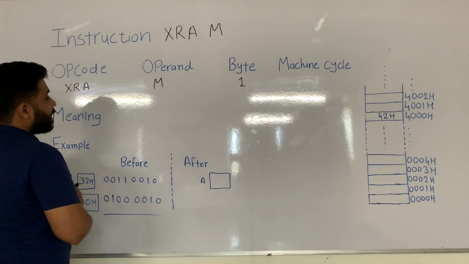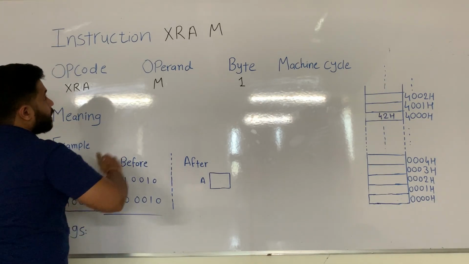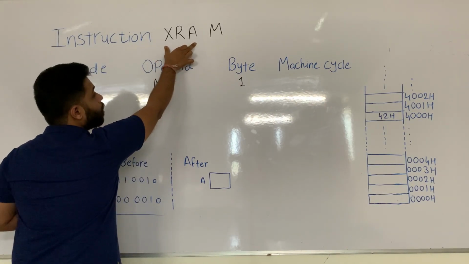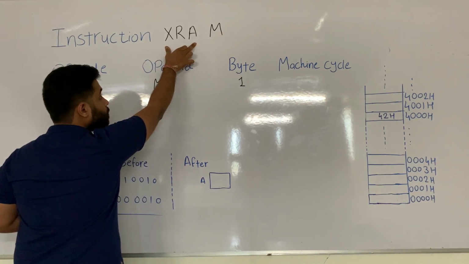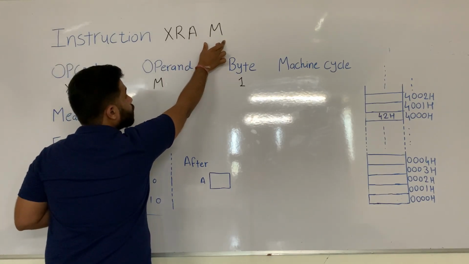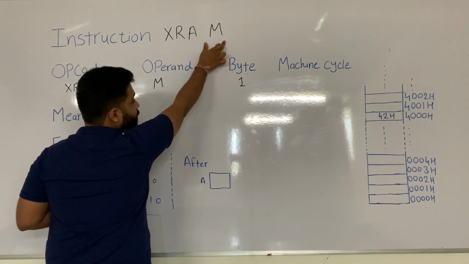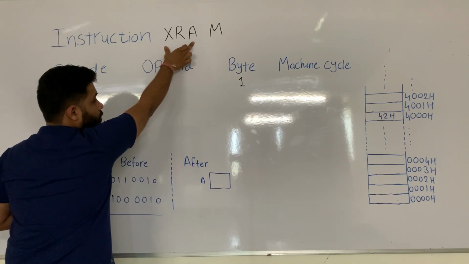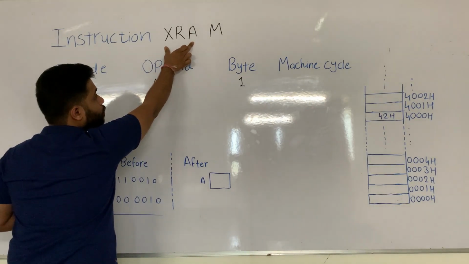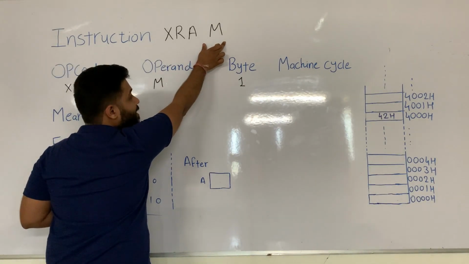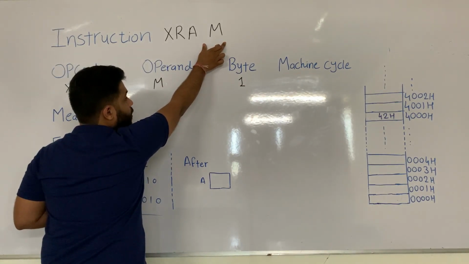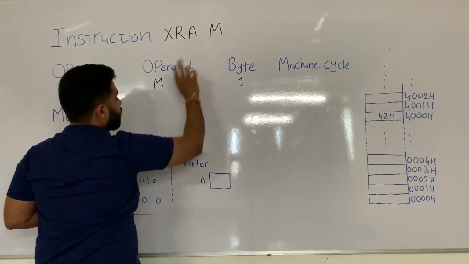What is the meaning of XRA M? XRA M means logical XOR between the data which is present in the memory location and the accumulator, and the answer will be stored in the accumulator.